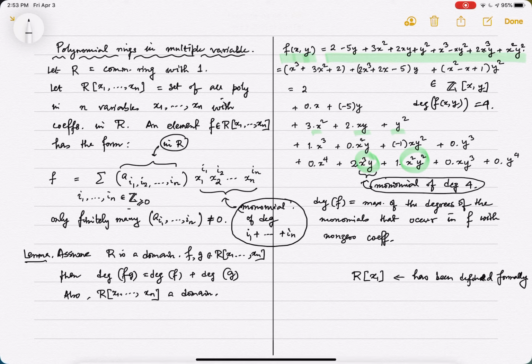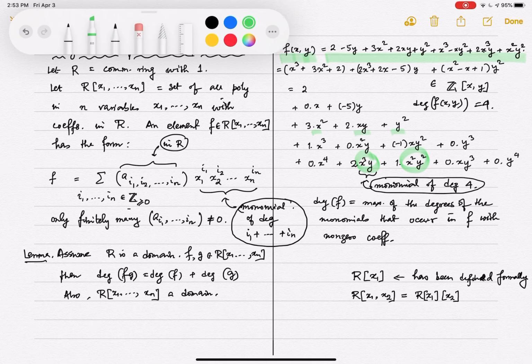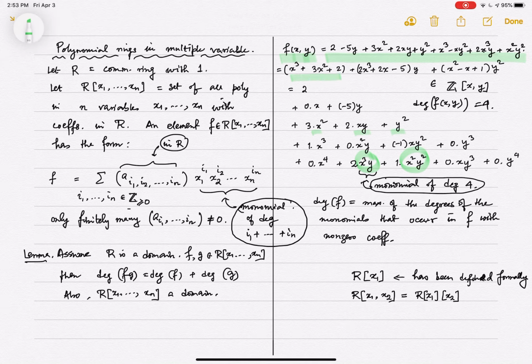One way to define a two variable polynomial ring is to say that a two variable polynomial is nothing but a one variable polynomial in x2 where the coefficients are again one variable polynomials in x1, like I have written up here. See, this two variable polynomial can be written as a one variable polynomial in y where the coefficients are themselves one variable polynomials in x.